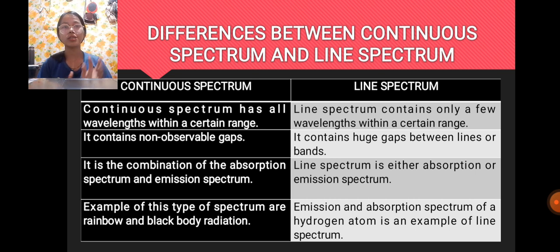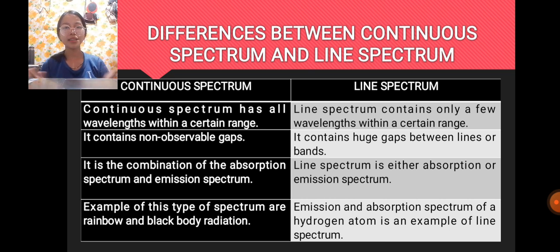So that's the difference between the two spectrum in terms of the wavelengths in their certain range. Okay, so continuous spectrum contains non-observable gaps, while line spectrum contains huge gaps between lines or bands, and that's the difference between the two spectrum in terms of the gaps of the lines.